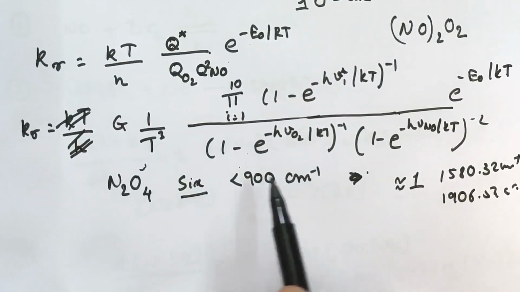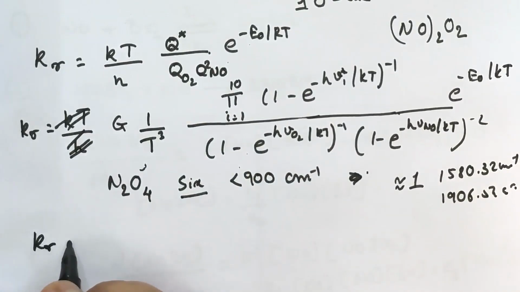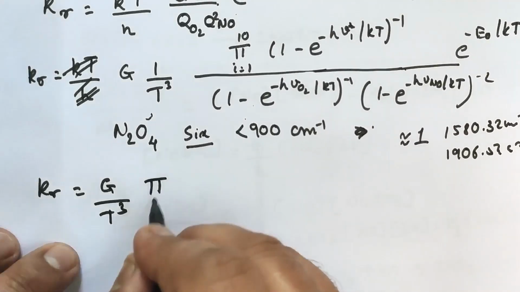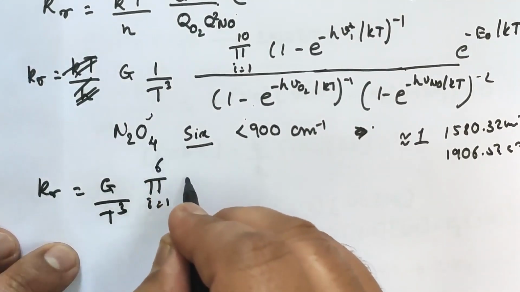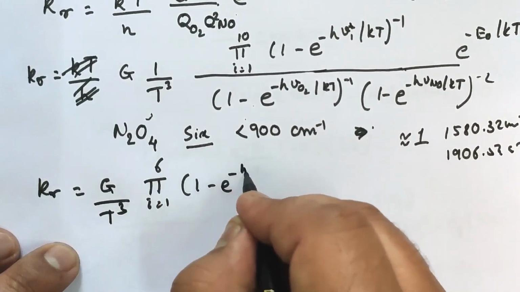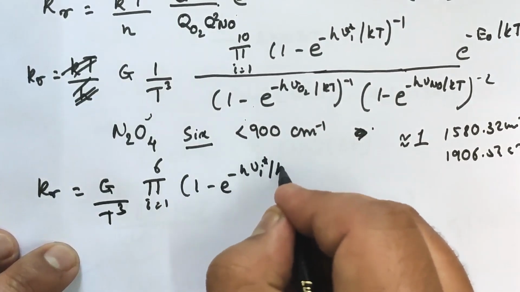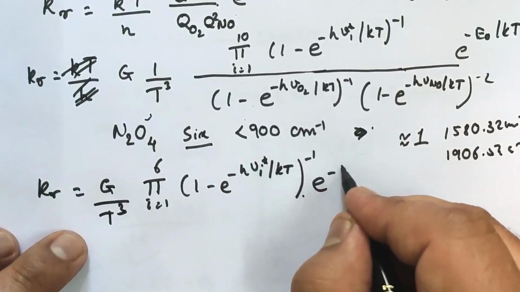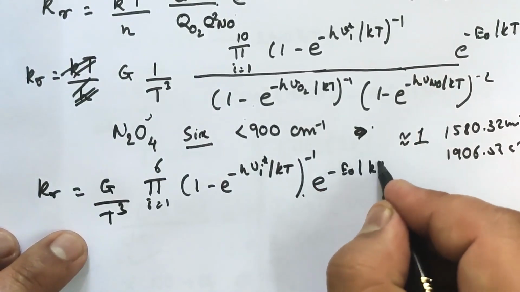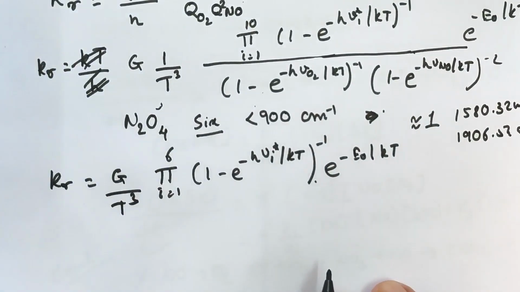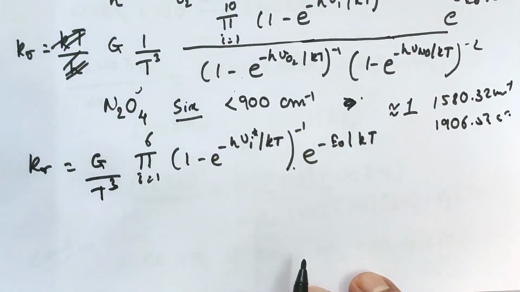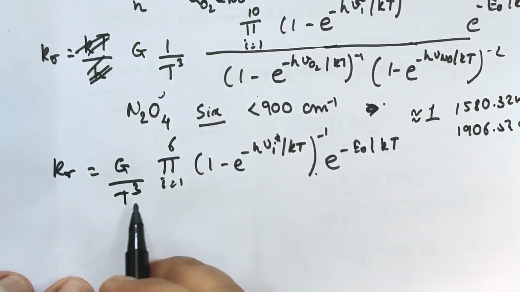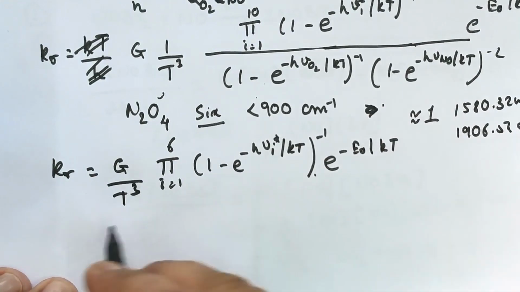So our expression, that is kr, will be equal to G upon T cube, product over i from 1 to 6 of (1 minus e^(-hνi*/kT)), into e^(-E0/kT). Further we will group a few of the terms and then take the logarithm.